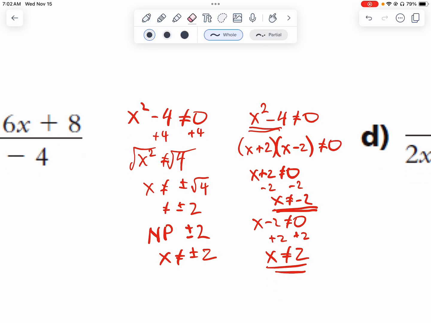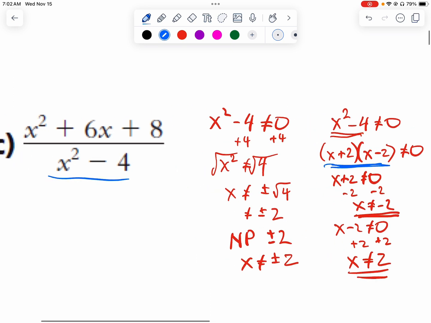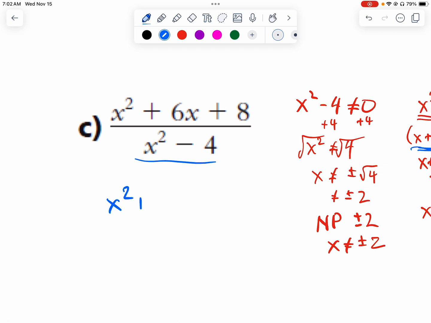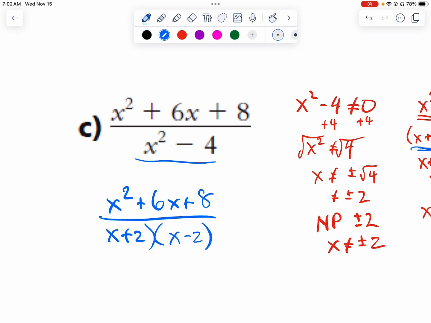I prefer factoring because as soon as we have this factored, I can now replace that as my denominator. So now I have x squared plus 6x plus 8 all over x plus 2, x minus 2.